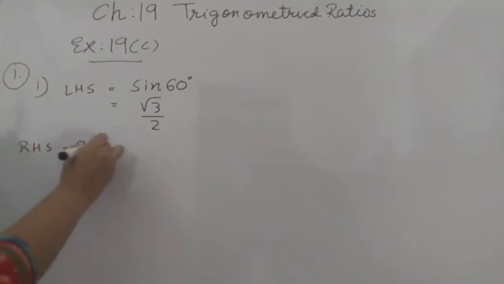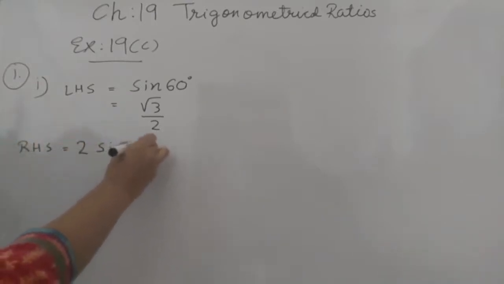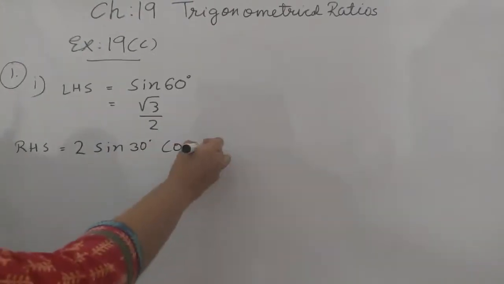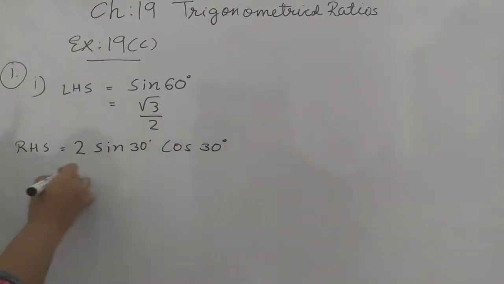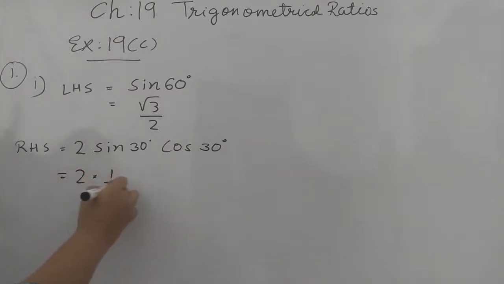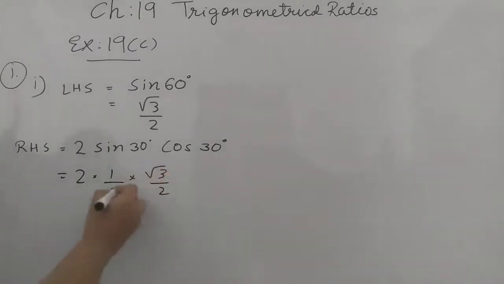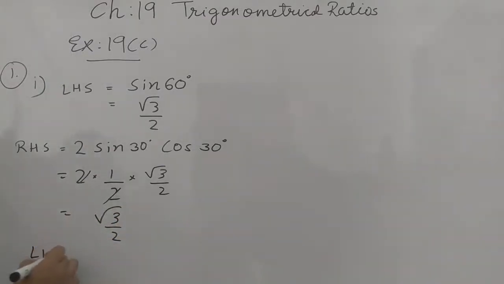It is 2 sine 30 cos 30 degree, there is no sign in between, which means there is a multiplication sign. 2 sine 30 is 1 by 2, cos 30 is root 3 by 2. So this 2 gets cancelled. Root 3 by 2 is left here. So this way we get LHS equal to RHS. So we have completed the first proof here.